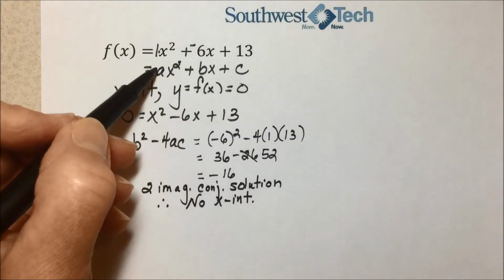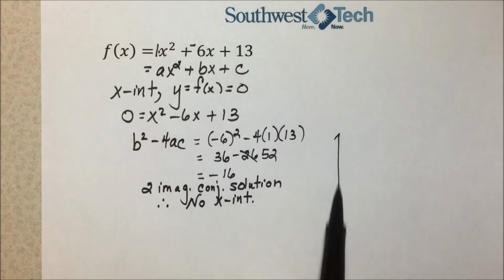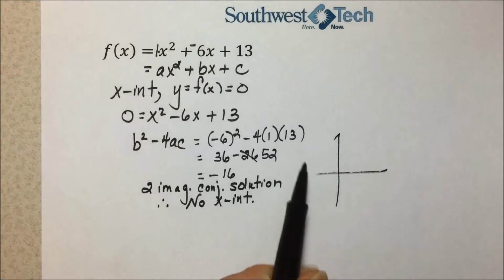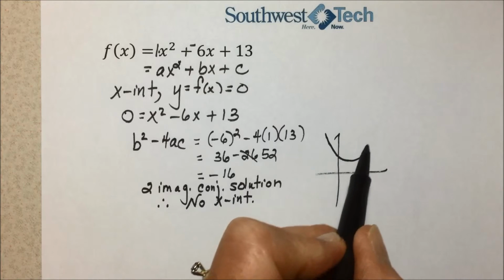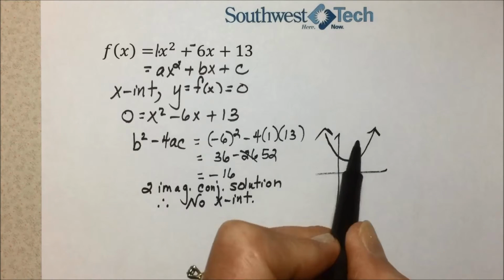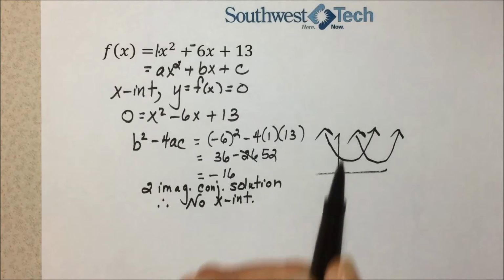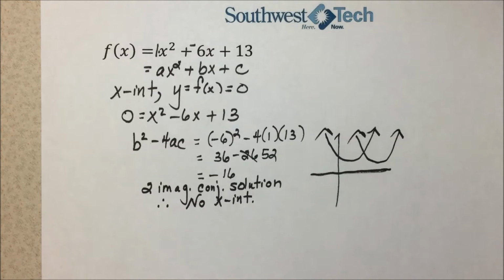Since a is positive, this parabola is going to open upward. I don't know the location of the vertex, but it's opening up somewhere and has some kind of shape to it. It's not intersecting the x-axis at any point because of having two imaginary conjugates for the solutions of this equation.